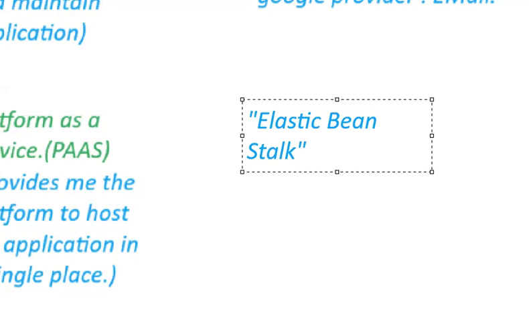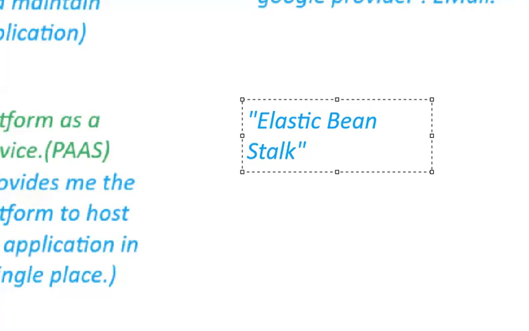So what is that platform in AWS, sir? Elastic Beanstalk. Now if anyone asks you, is there any platform where a client can host an application directly, then you can say it is Elastic Beanstalk.